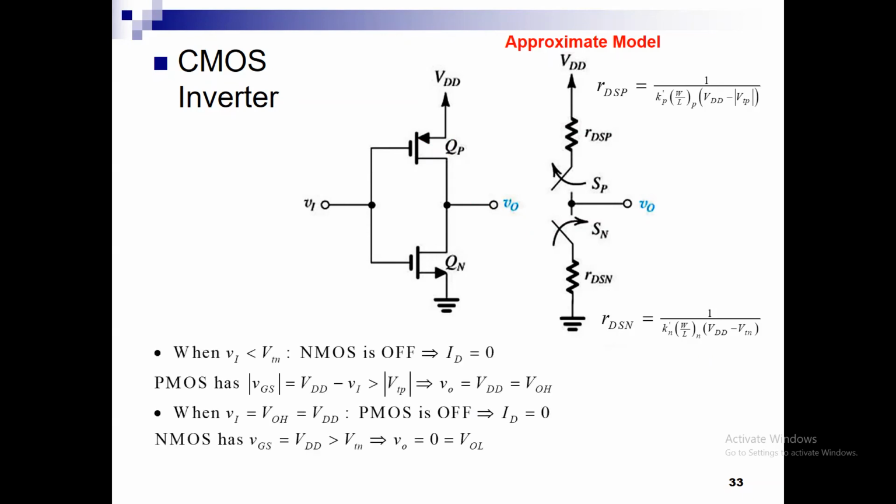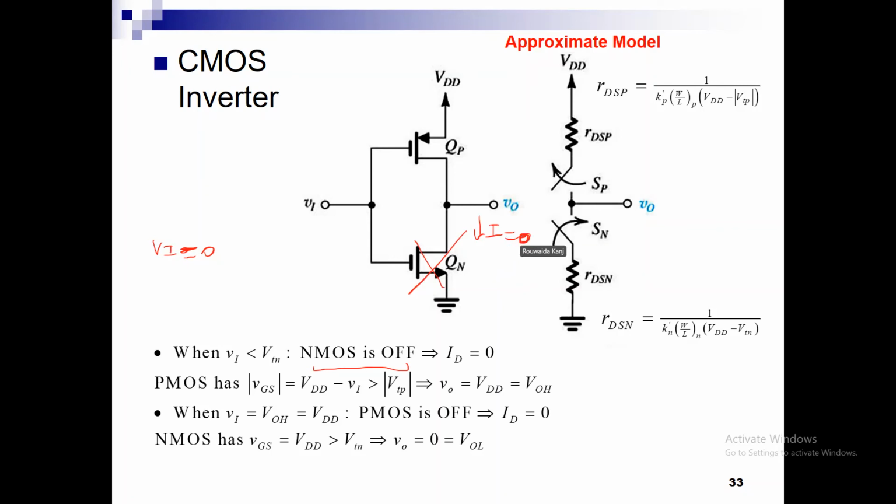Okay, so let us see what happens to this switch. So for this inverter, when Vn is less than Vtn, when Vn is 0, for example, the NMOS will be off, so the switch will be open, and the current that is flowing here will be equal to 0.